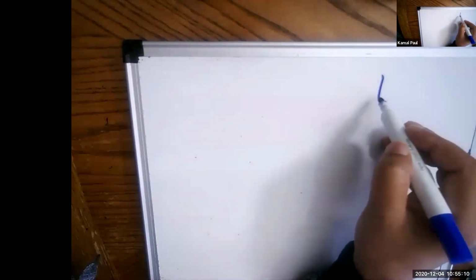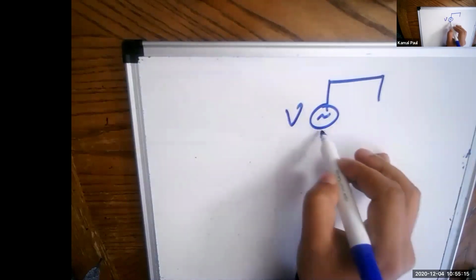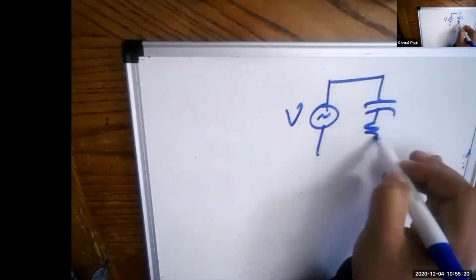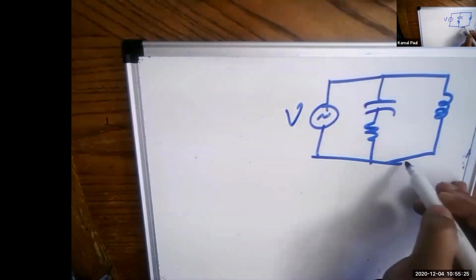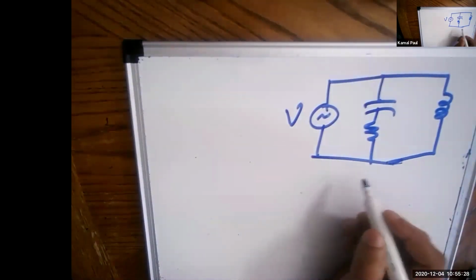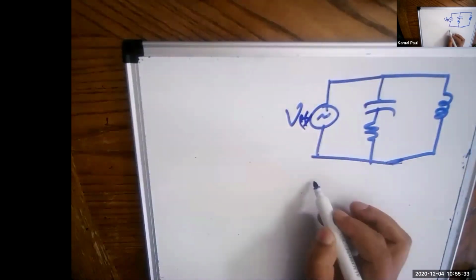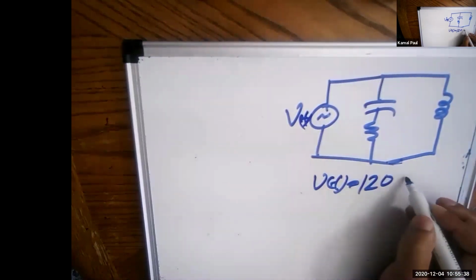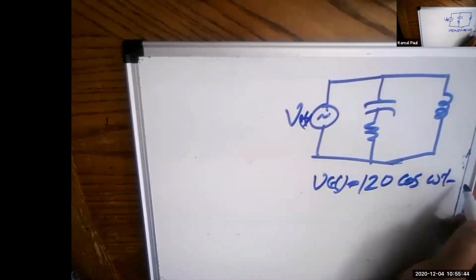Similarly, like the first circuit you saw, for example, you have a capacitor here, a resistor here, and an inductor here. I'm just making up a circuit. For the case of AC, this is a time-dependent source, like V(t) equals something like 120 cosine of omega t minus 30 degrees, say.